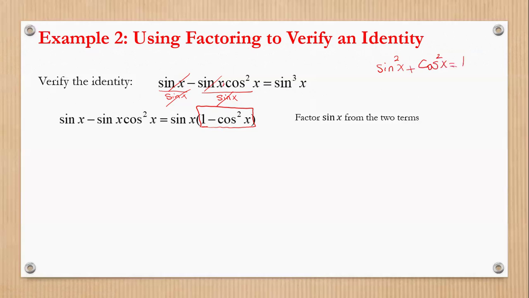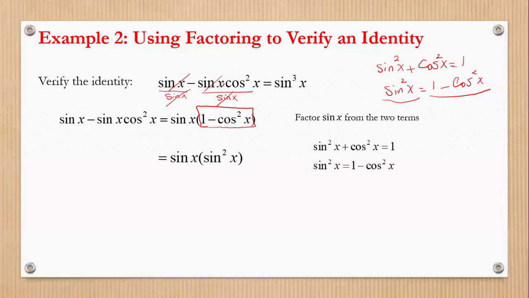Now, from this identity, if you keep the sine on the left side and move the cosine to the other side, you get 1 minus cosine square, which means every time you have 1 minus cosine square, you can replace it by sine square. So the whole thing inside the parenthesis, you can replace by sine square.